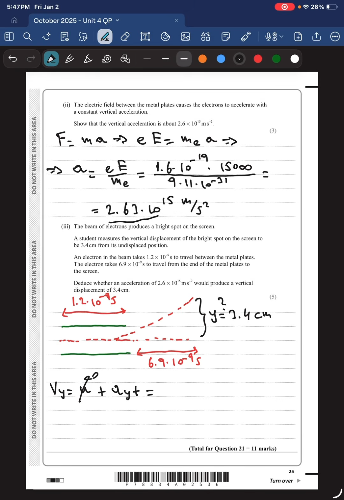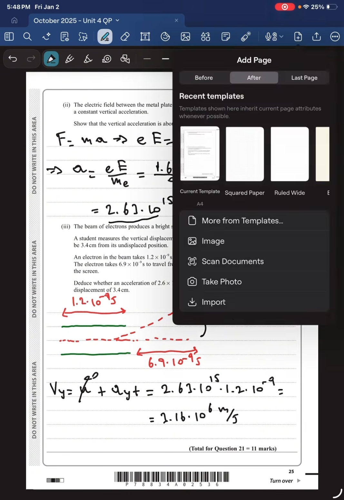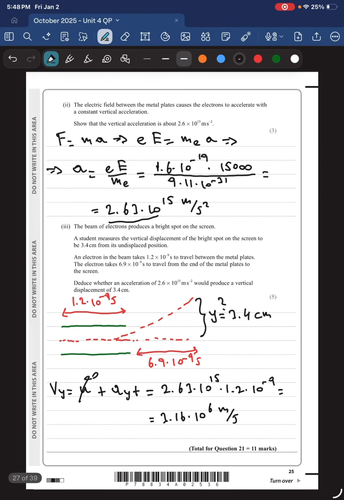The time spent inside the plates is 1.2 times 10 to the negative 9 seconds. If we plug in 2.63 times 10 to the 15 times 1.2 times 10 to the negative 9, Vy is 3.16 times 10 to the 6 meters per second. That's the final velocity in the y direction when the electrons reach the outside of the plates.